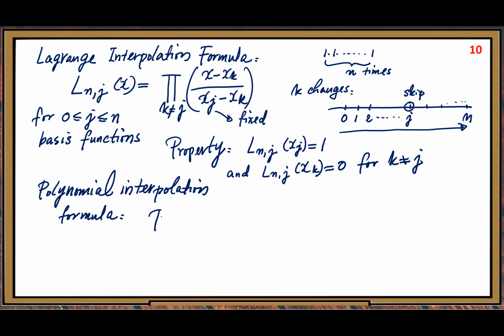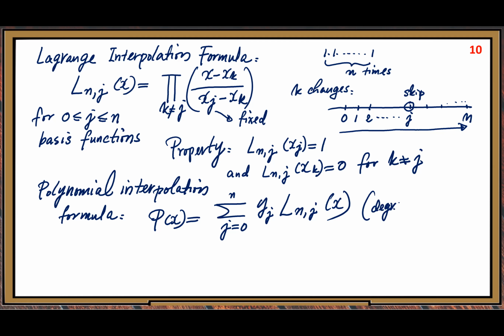The solution of the polynomial in our previous slide can be written as the summation over j from 0 through n of yj multiplied by L n,j of x. That is a degree n polynomial.